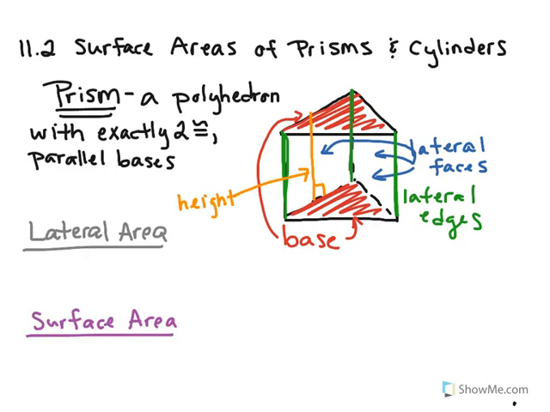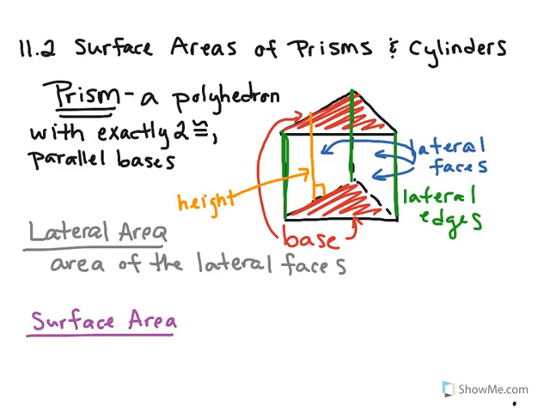Alrighty. So now we have two things to talk about in terms of area. We have what's called lateral area and something else called surface area. When we do lateral area, it is only considering the area of the lateral faces, not the bases, just the faces, okay?